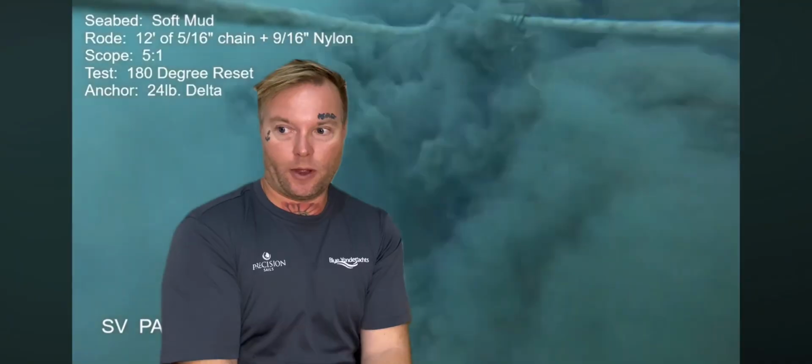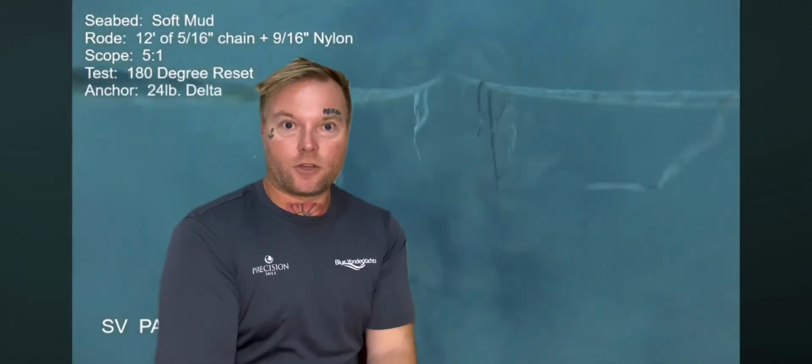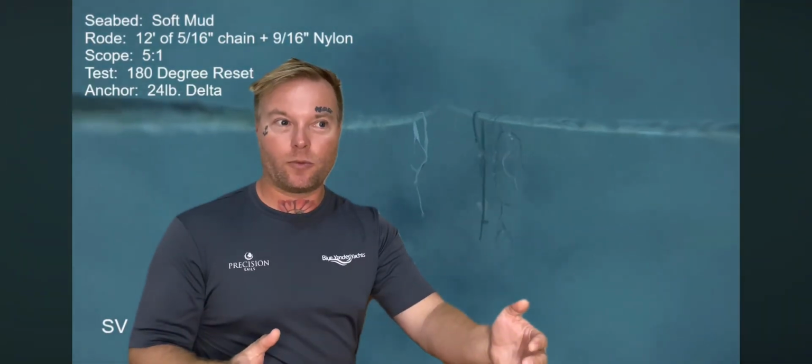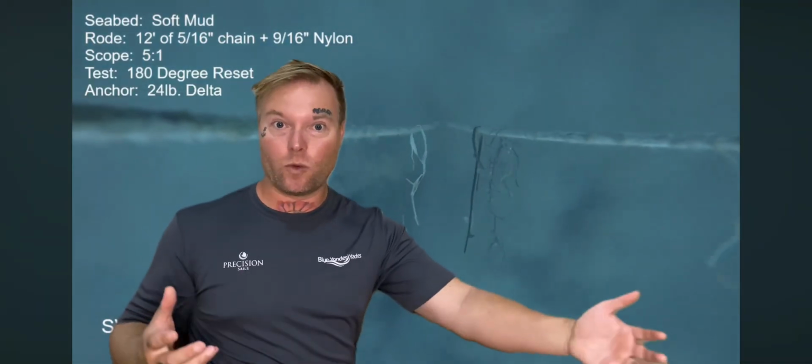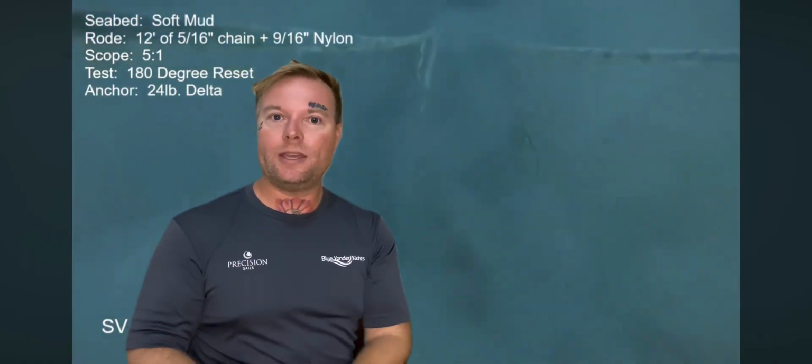So you're talking about a 5 to 1. You're talking about in excess of 200 feet of chain on the bottom. To create a 5 to 1 scope, you probably realistically need a 7 to 1 scope. So you've already run out of A, time, and B, distance.